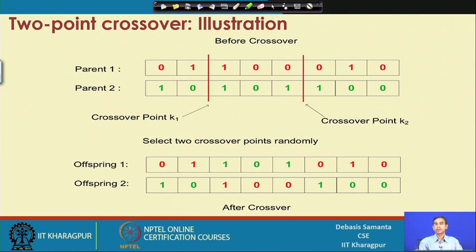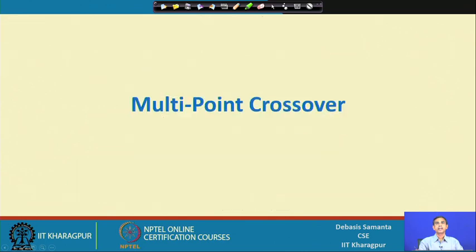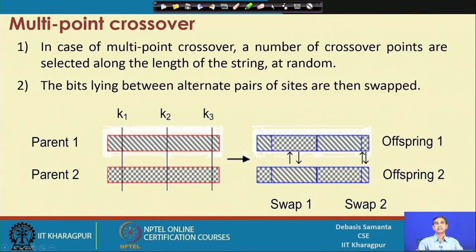Now, this is the two-point crossover technique, and then we will discuss a more general crossover technique called the multi-point crossover technique. Here, more than two points are considered. The idea is like this. In this example we consider the multi-point as 3.